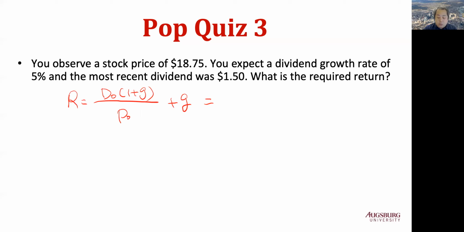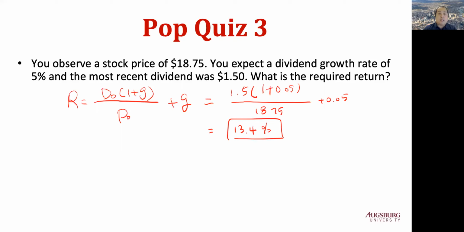So it's going to be 1.5, that's the most recent dividend, times 1 plus the growth rate, 5%, divided by the price, $18.75, plus the growth rate 5% again, then 13.4% is the answer.